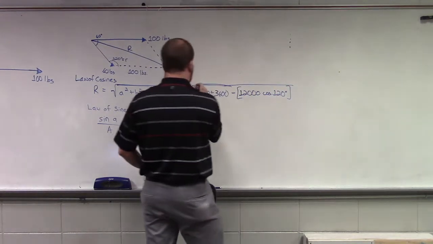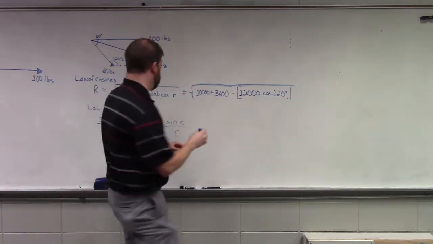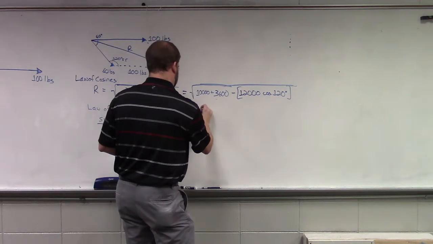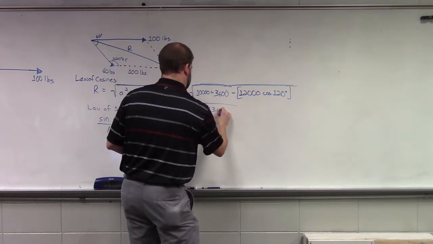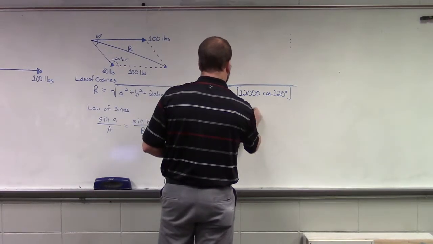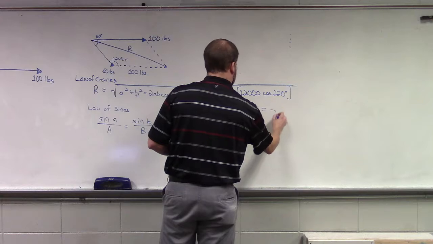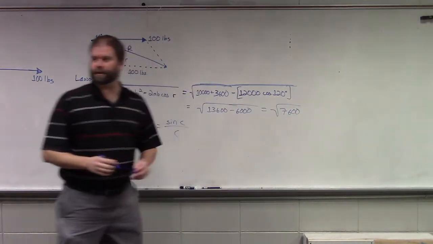What's cosine of 120? Has anybody calculated that yet? Negative 2.5. Yeah. 600 minus, does that become 6,000? So square root of 7,600?